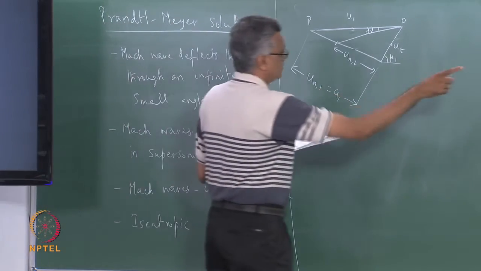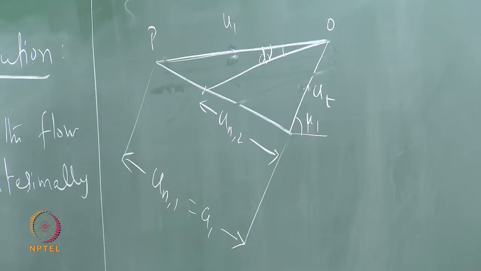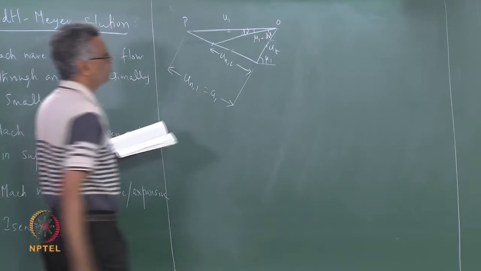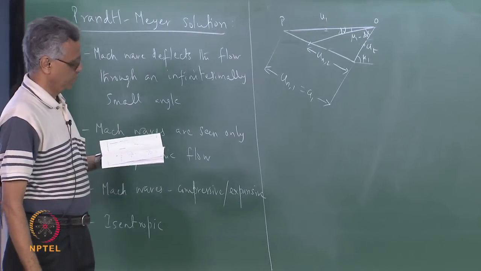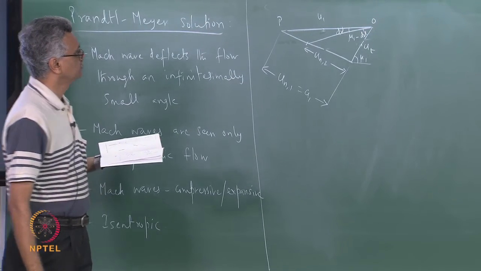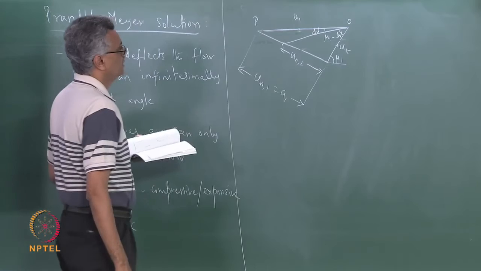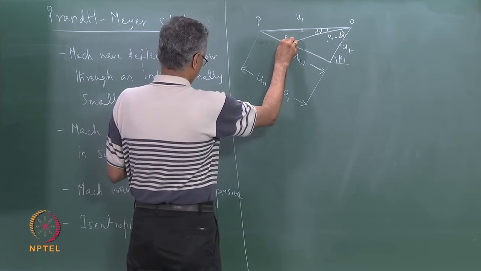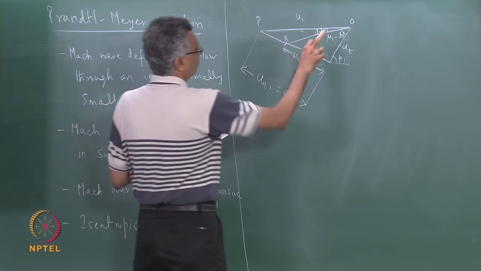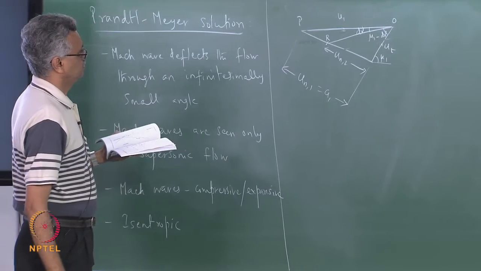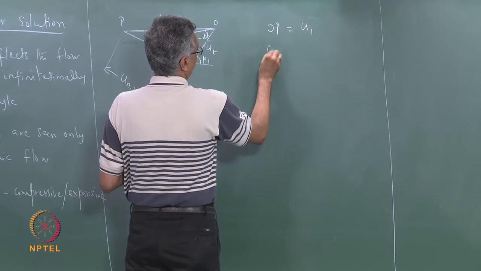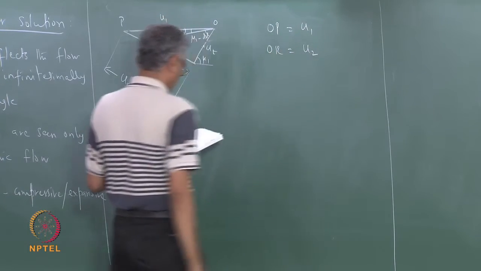Notice that I have taken the second triangle, pasted it here, okay, and this angle is going to be mu1 minus d nu. And okay, so we have OR, so this is point R, this is vertex R, and so OR is equal to, let me write this explicitly here, OP is equal to U1, OR is equal to U2.